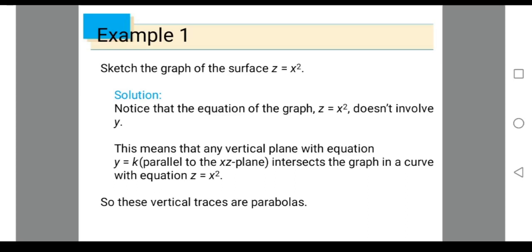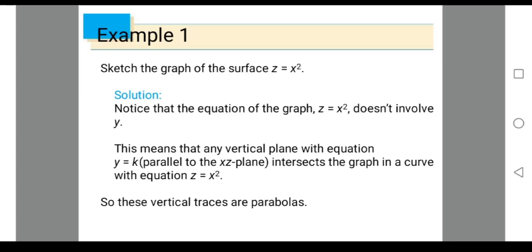Another key component is that the missing variable means the curve is going to be directed along that particular axis. Suppose we don't have the y here; our curve would be directed along the y-axis. These are the properties of cylinders. The third key factor is that the curve does not change along the direction axis, as we mentioned before.